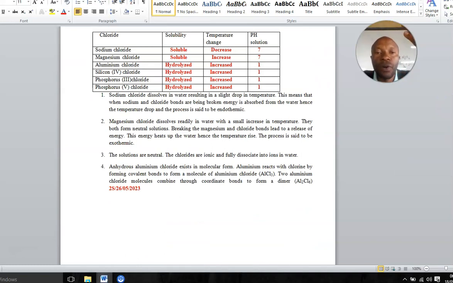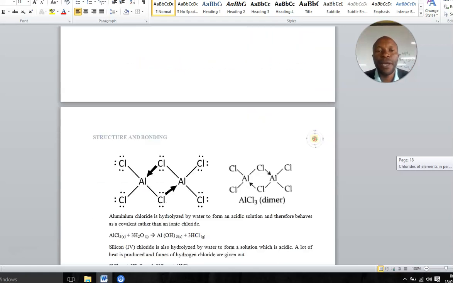Silicon 4 chloride, we say that it undergoes hydrolysis and the temperature increases, meaning that the reaction is exothermic. Phosphorus 3 chloride also undergoes hydrolysis. The temperature increases, and the pH is also going to be 1.